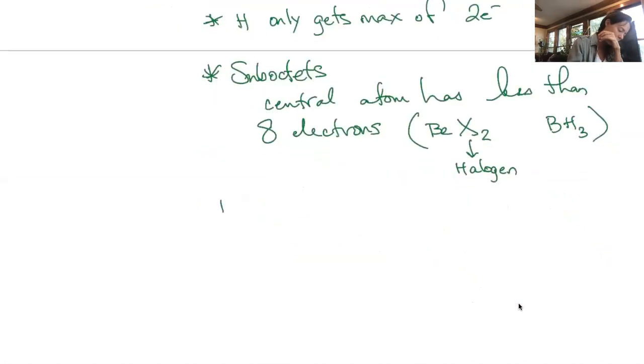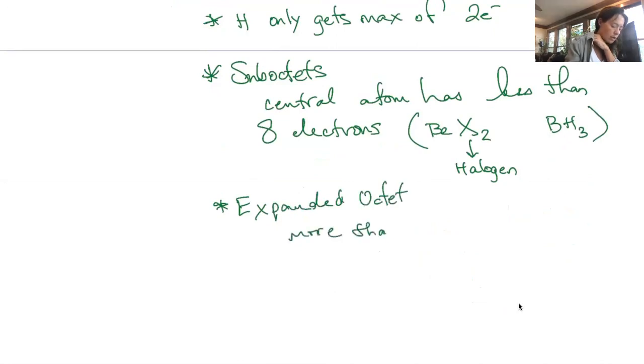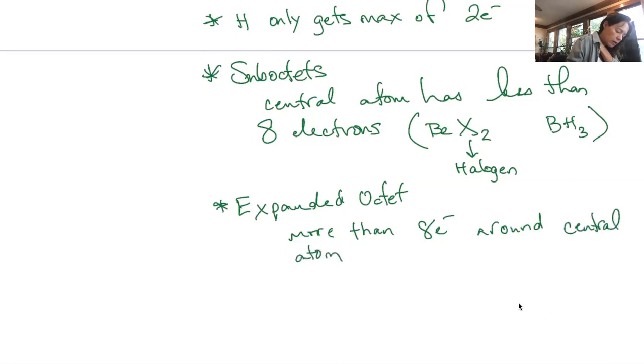Okay, and then you can also have expanded octets around the central atom, and that's obviously going to be more than 8, right? More than 8 electrons around the central atom. Sorry about being messy. I'll try to start writing more neatly. And this can happen as long as, right?